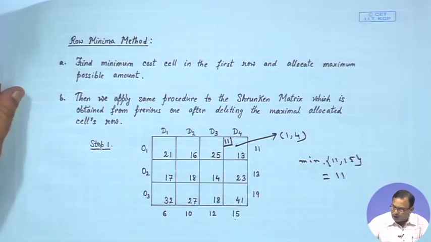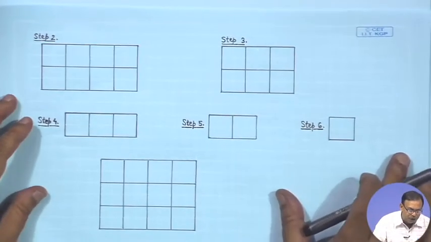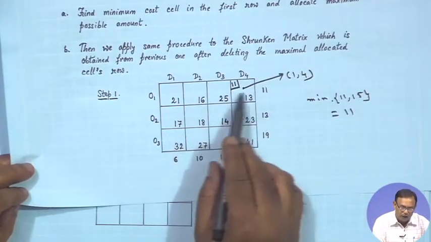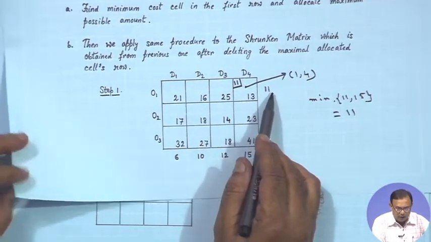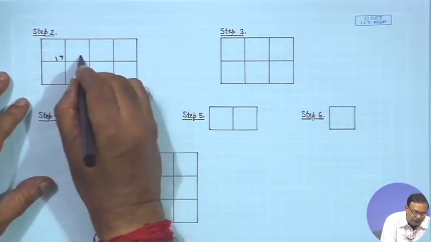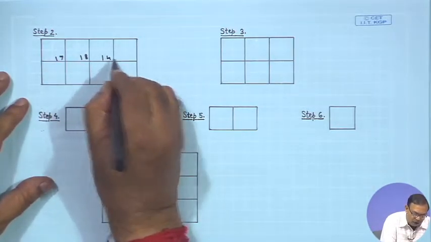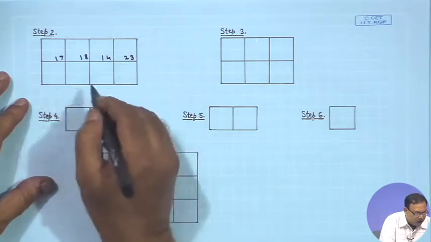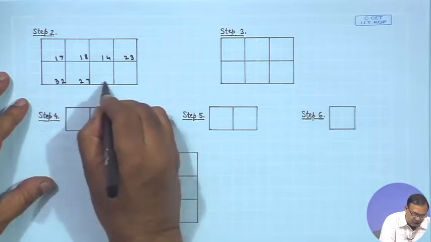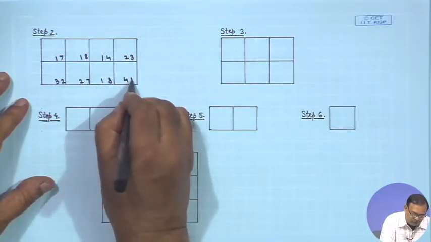In step 2, there will be only 2 rows, the second row and the third row. The first row's availability is already fulfilled, so we remove it. Therefore, you have 17, 18, 14 and 23. Here you have 32, 27, 18 and 41.